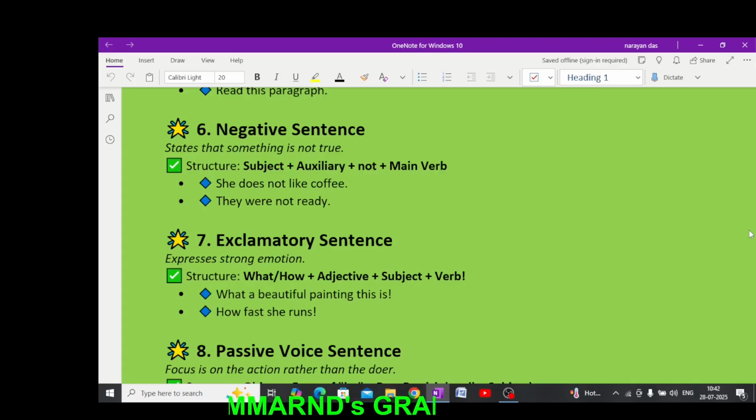Examples are: she does not like coffee. She is the subject, does is the auxiliary or helping verb, not is the negative word, like is the main verb, and coffee is the object or other words. Second example: they were not ready.